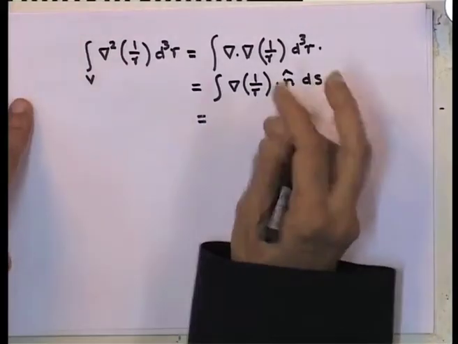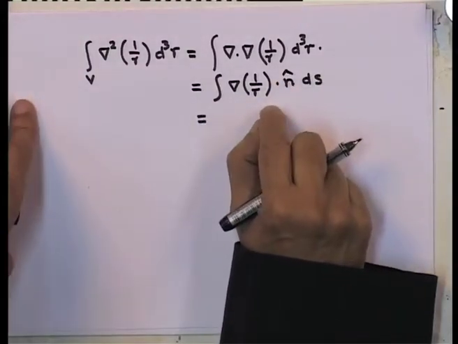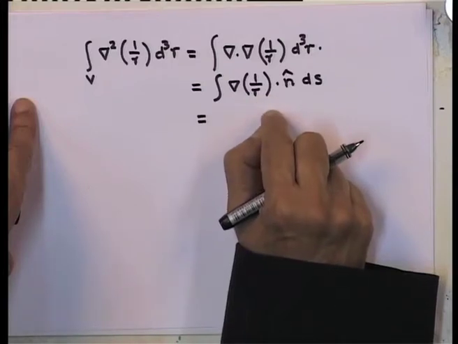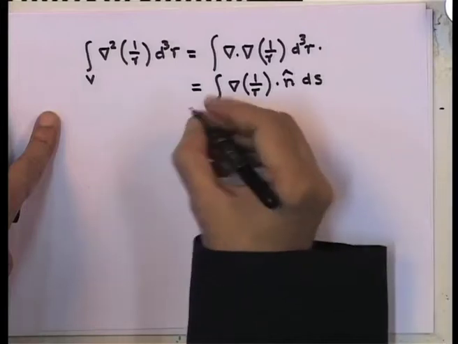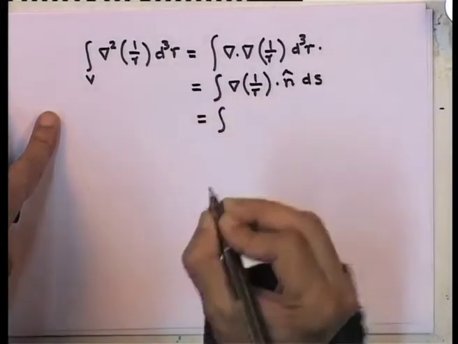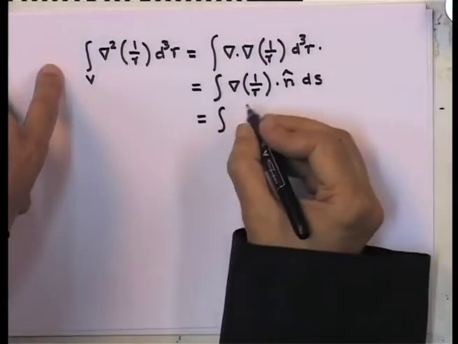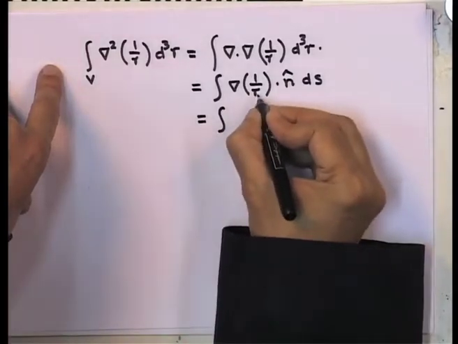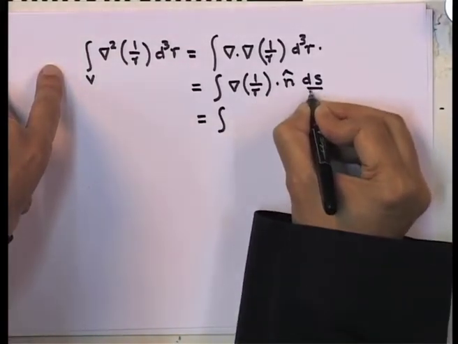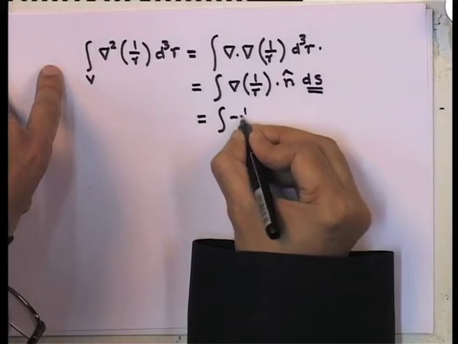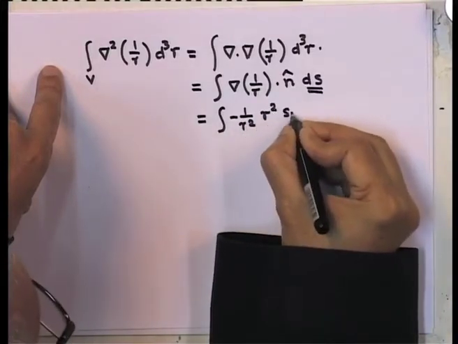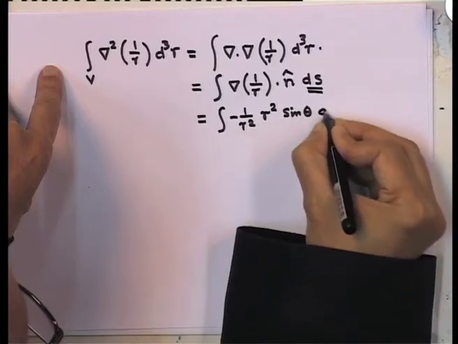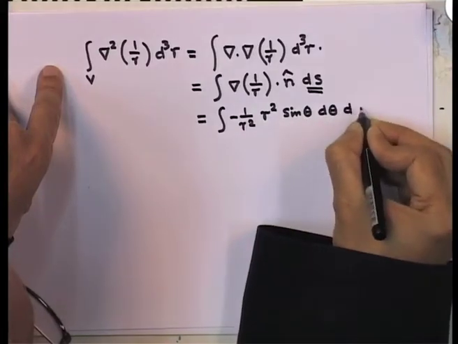I know that the gradient of 1 over r is minus 1 over r square times the unit vector r. So, as a result, this gives me minus 1 over r square, and there is a ds there, which is r square sin theta d theta d phi.